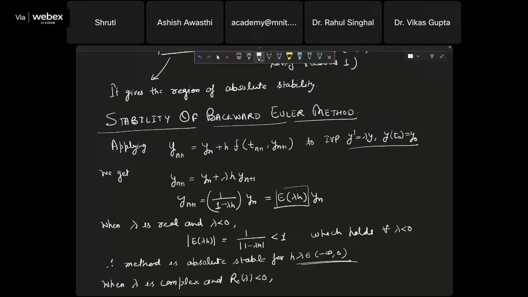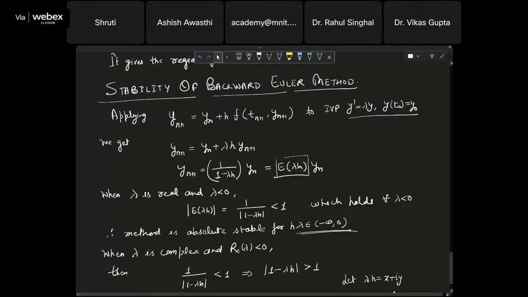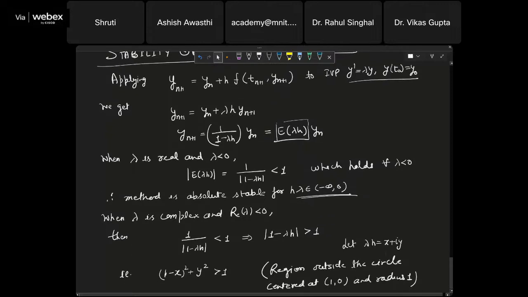But in the case when lambda is complex with the real part of lambda less than 0, taking lambda h as x plus iy, we obtain this region as the region of absolute stability for the backward Euler method.